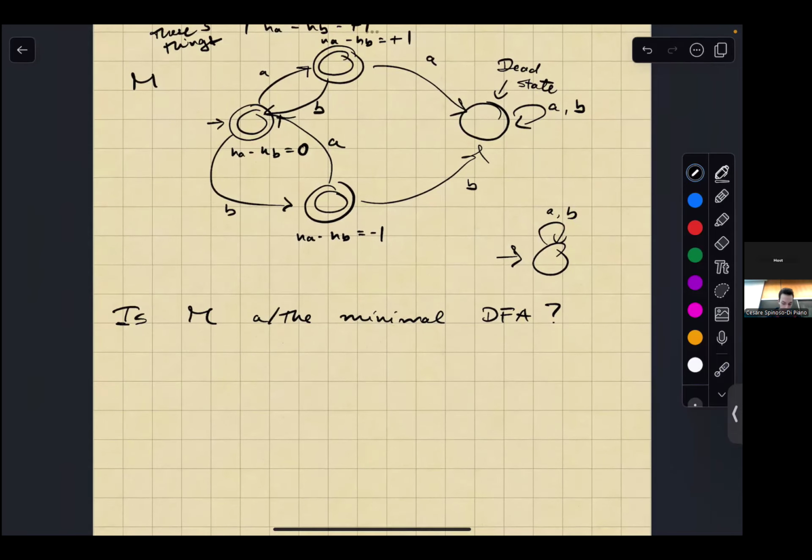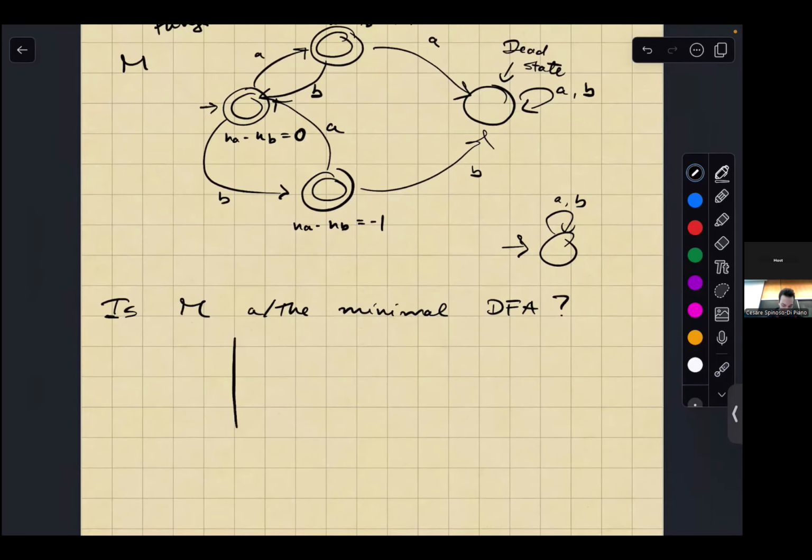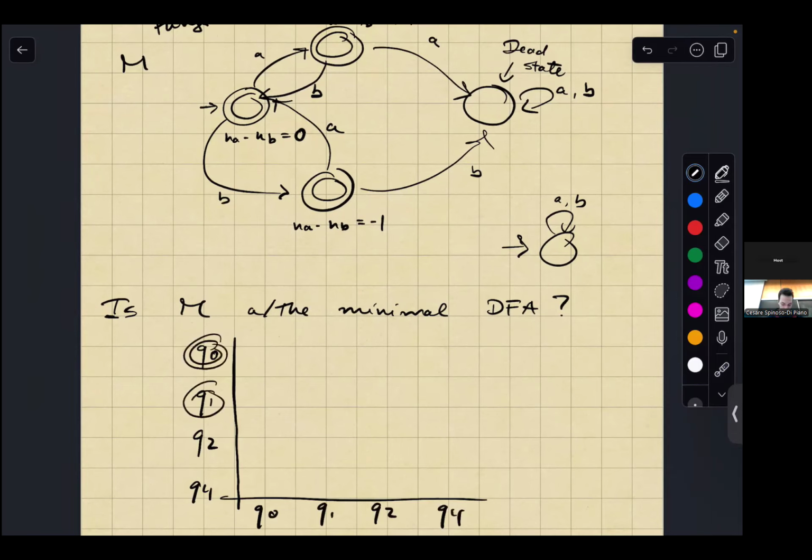Remember, in the minimization algorithm you make this table, a 2D array where the entries correspond to states. Which of these states are accept states? This one, and this one.